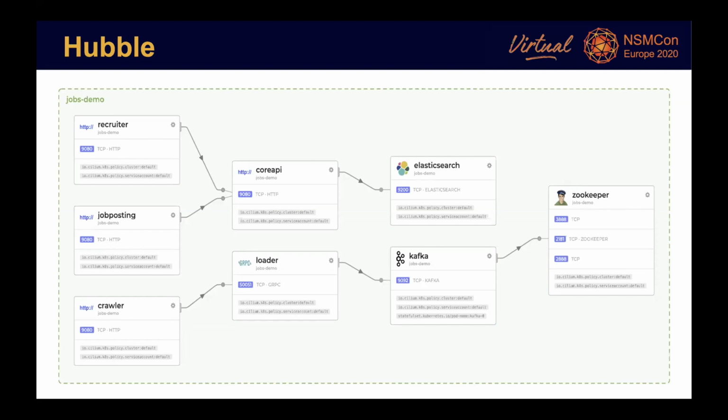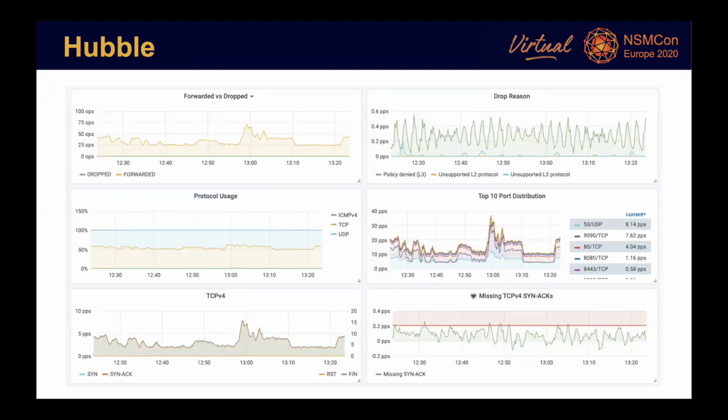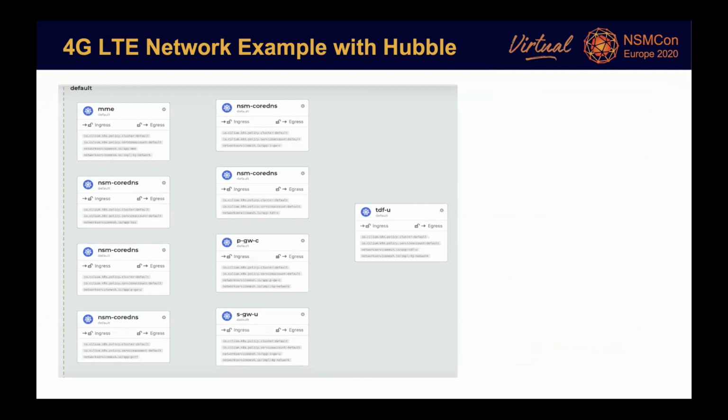It also has good charts that can be used to observe the traffic, and we tried to run it with our 4G LTE network example to see if it works for NSM without any additional efforts. It creates the network easily, but it failed to recognize the connection.